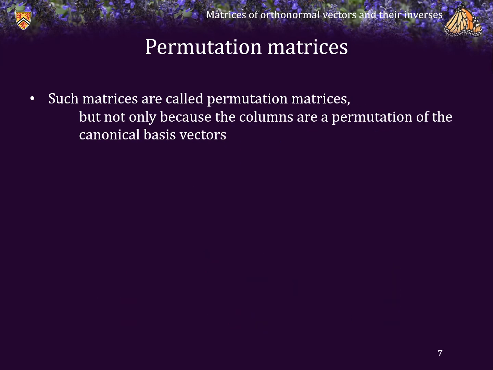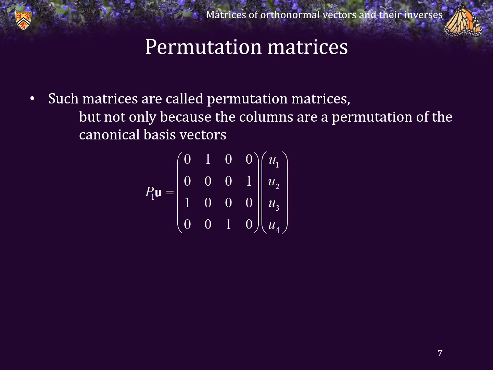As I just hinted, such matrices are called permutation matrices, but they're not only called this because they are permutations of the canonical basis vectors. Instead, what happens if we multiply a vector by one of these permutation matrices?